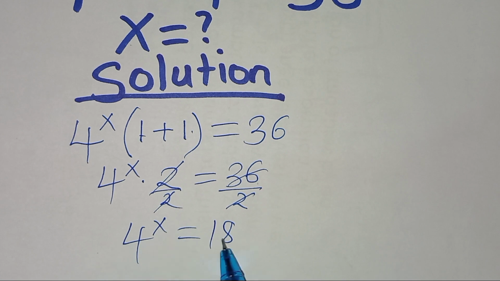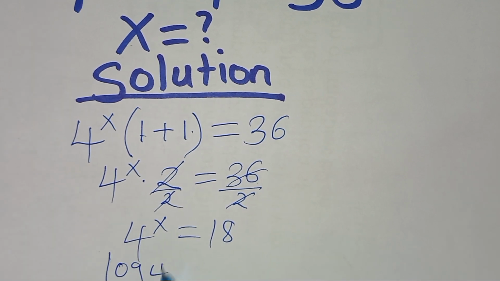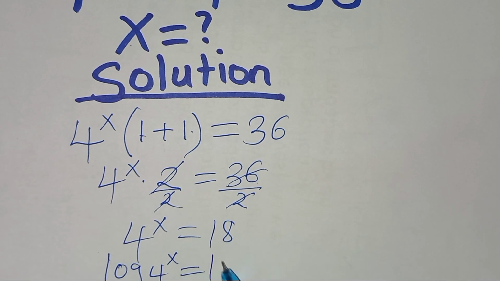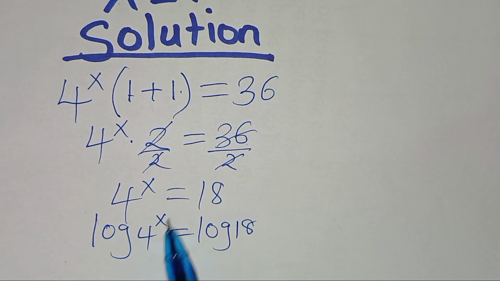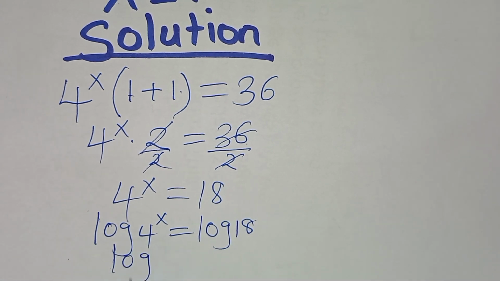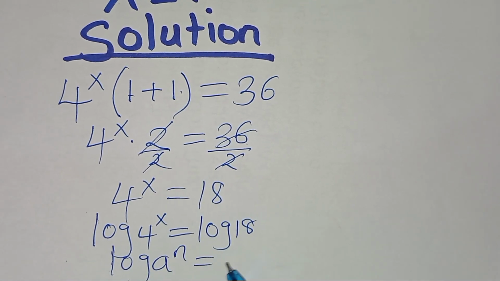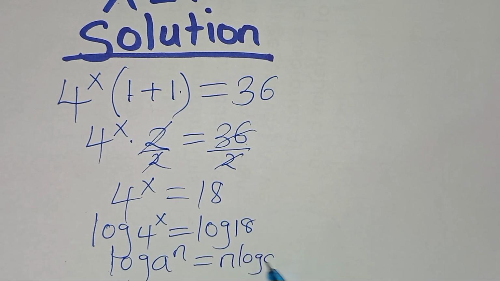Now, for the value of x, we introduce the natural logarithm on both sides. We'll have log 4 to power x. This is equal to log 18. So log 4 to power x, this is actually in the form of log a to power n, which we can express as n log a.